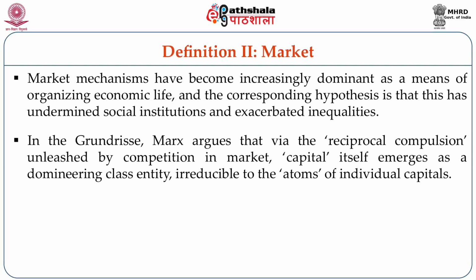In Grundrisse, when Marx was referring to reciprocal compulsion, he was actually showing that within the market sphere, capitalists and the ownership of capital do not operate at the atomistic level of individual ownership of private property, but as competing entities, conflict is also generated within the sphere of capitalist production by the capitalist.